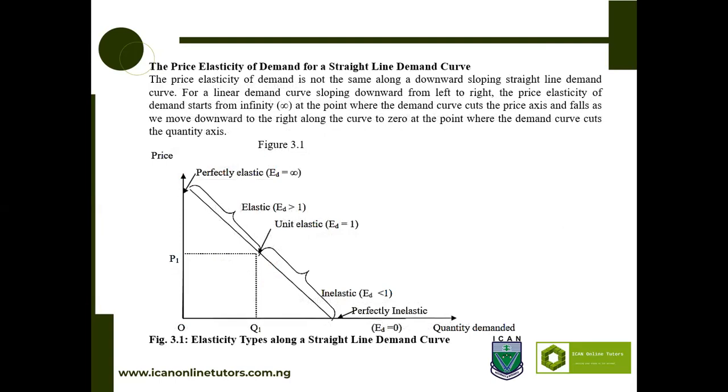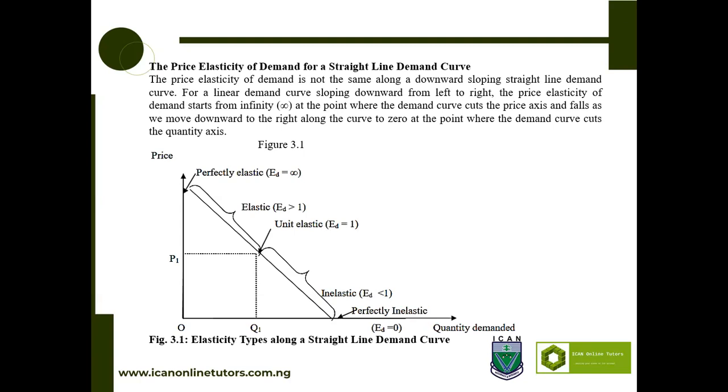Now we move on to price elasticity of demand for a straight line demand curve. The price elasticity of demand is not the same along a downward sloping straight line demand curve.